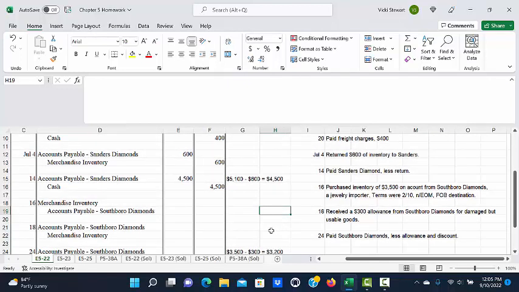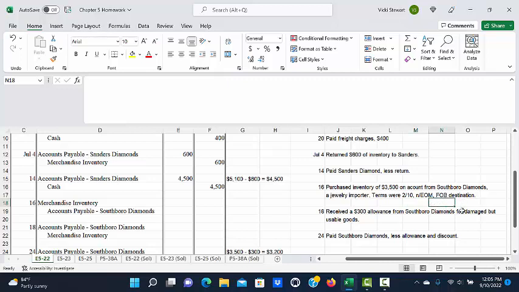Then on July the 16th, we purchased inventory of $3,500 on account from Southborough Diamonds, a jewelry importer, and the terms were 2/10, n/eom, FOB destination. So again, the discount terms are pay the invoice in 10 days and you can take a 2% discount, or they owe the net amount by the end of the month.